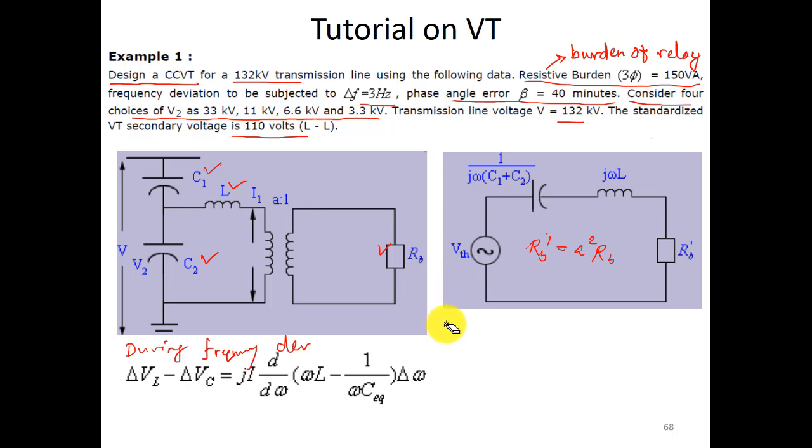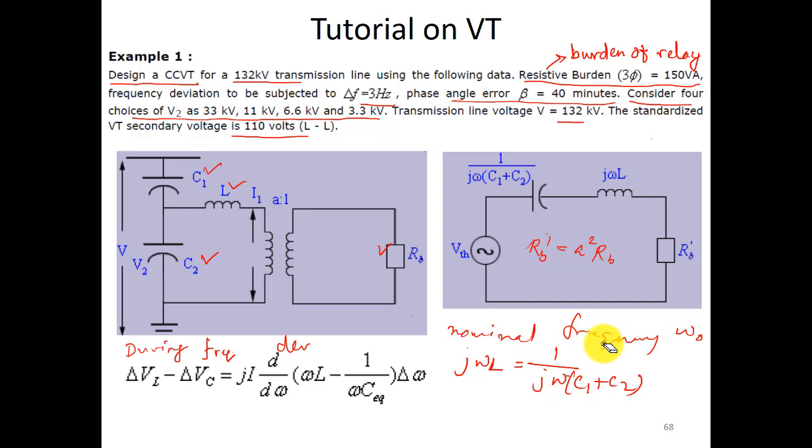And we know under nominal frequency, that is omega naught, the tuning reactor j omega L is equal to 1 by j of omega (C1 plus C2). So we know this, right?